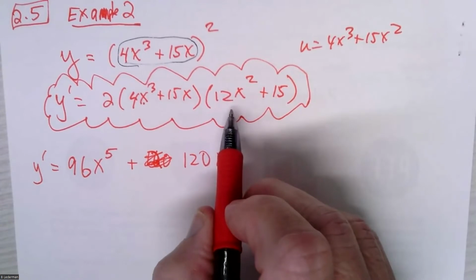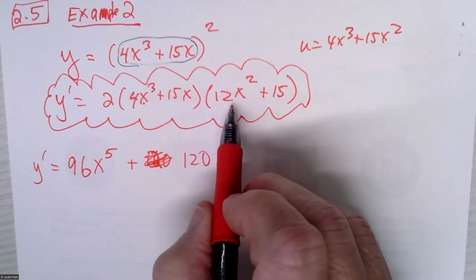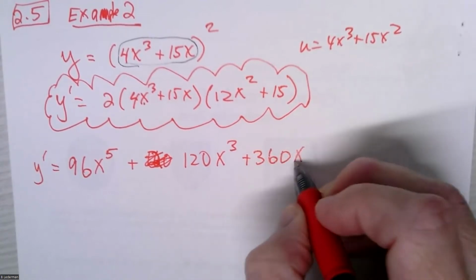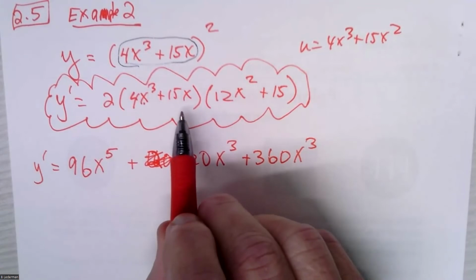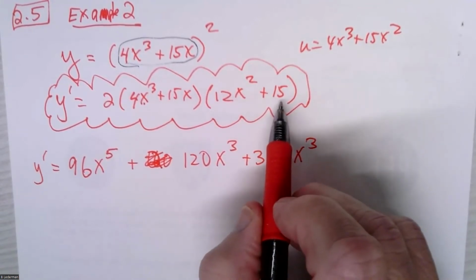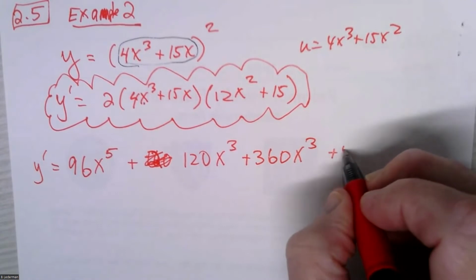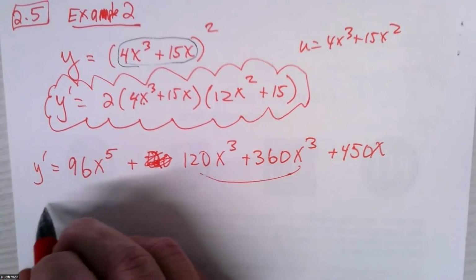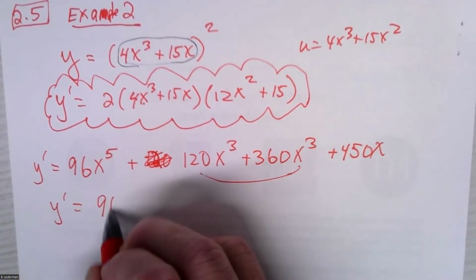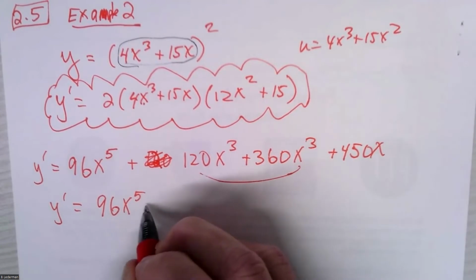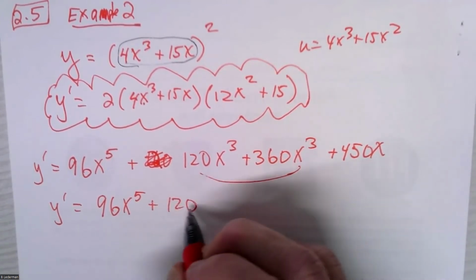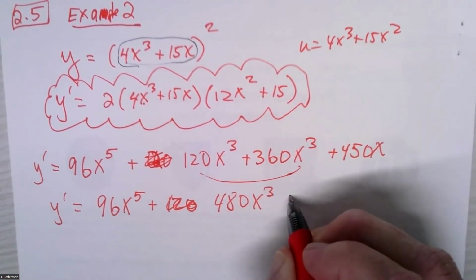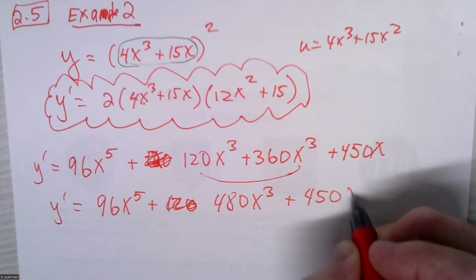And then 15x times 12x squared, well, 15 times 12 is 180, times 2 is 360, again x to the third. And 15x times 15 is 225x, times 2 is 450x. And when you combine these like terms, y prime equals 96x to the fifth plus 120 plus 360, that is 480x cubed, plus 450x.